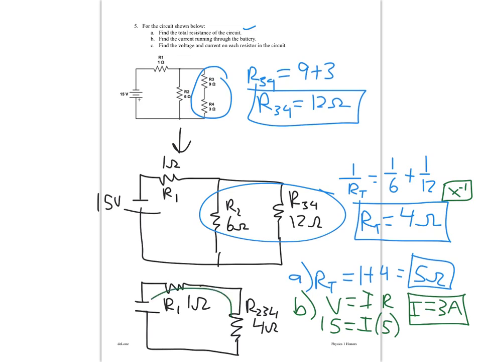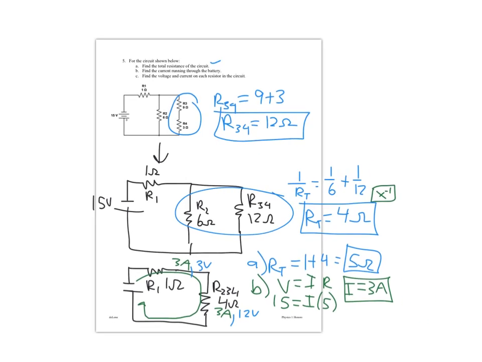Working our way back around to get the voltage and current on each individual resistor, we can say that 3 amps goes through everything. So it's going to go to both of these. And then using Ohm's law, V equals IR, we can solve for the voltage. So 3 times 1, there's going to be 3 volts on R1. And 3 times 4, there's going to be 12 volts on R2,3,4.